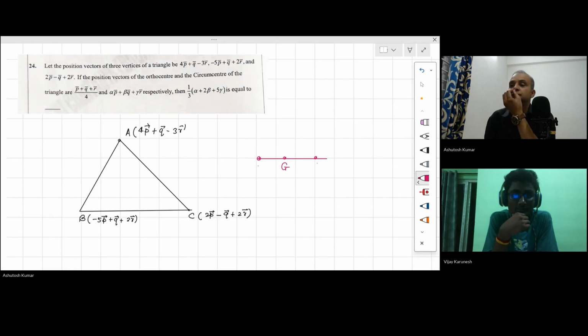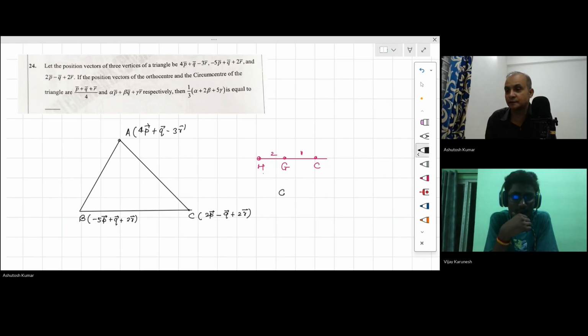On the left, sir. So this should be H, the orthocenter, and this is the circumcenter. This is 2:1. Okay, so let's try it.